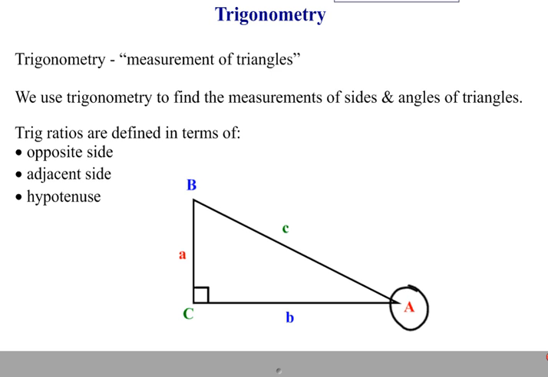If we're starting from angle A, the opposite side is going to be side A. The adjacent side will be side B. If we start from angle B, here, the opposite and adjacent sides switch. Now the opposite side is side B, because it's across the triangle from angle B. And the adjacent side is side A.